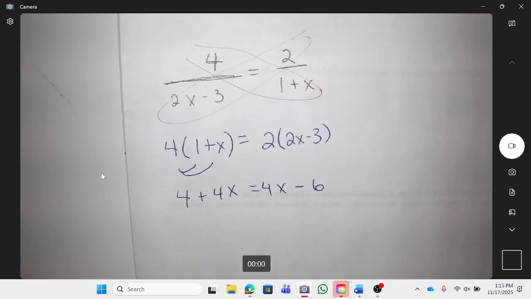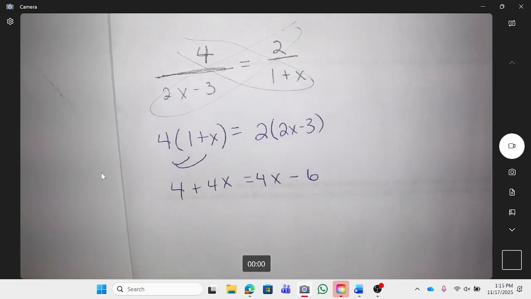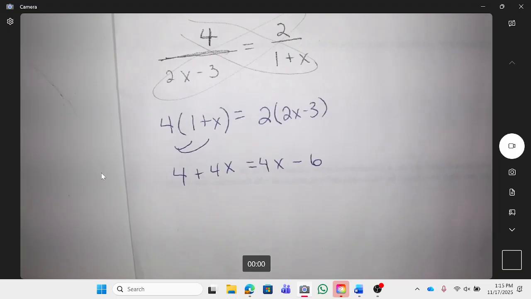So our algebra from last unit, when we keep going back to that, is some kind of isolation. So can you get your x's on one side, your numbers onto the other side? I need you to have some kind of number on one side and some kind of x amount on the other side.